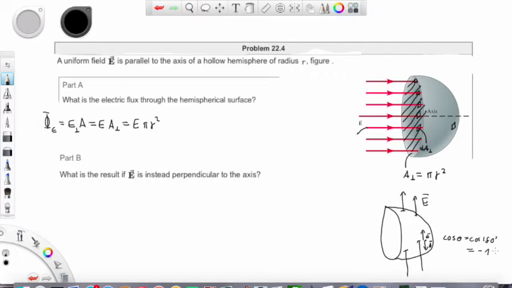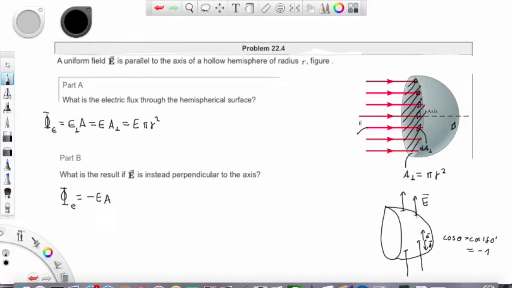So the cosine comes to -1. So if we only evaluate the flux of these, we could write it would be minus E times A.